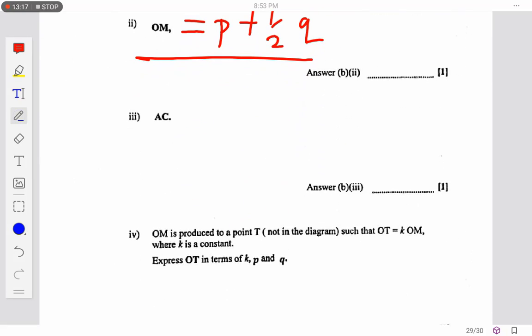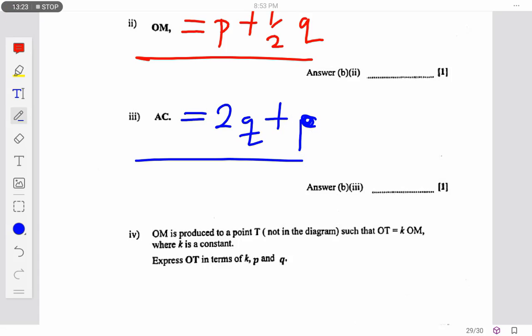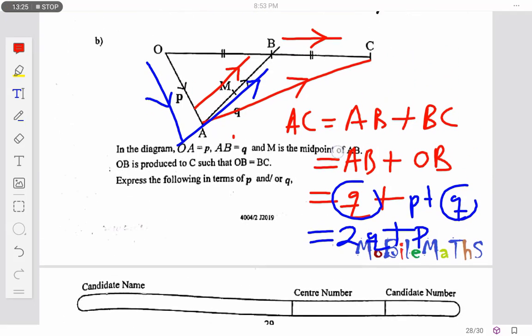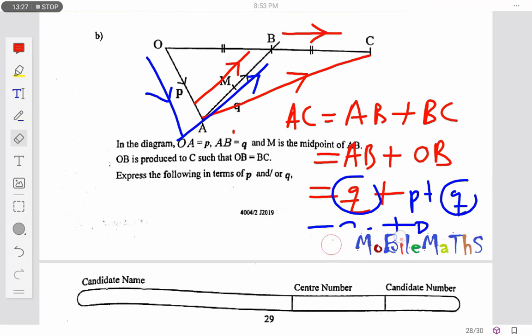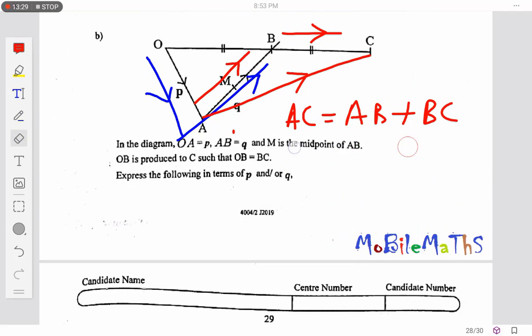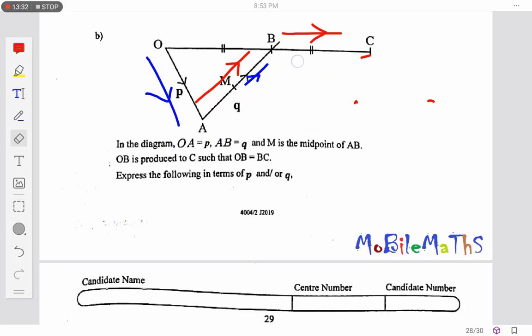Let's write our AC is equal to 2Q plus P there. That's our vector there. Let's see the next question. Let me rub off this part here so that we can still use our diagram there.